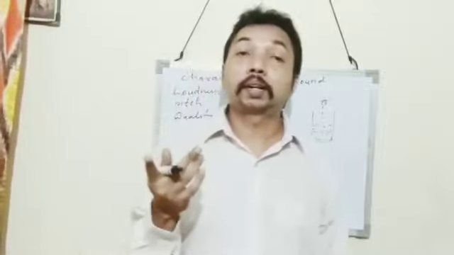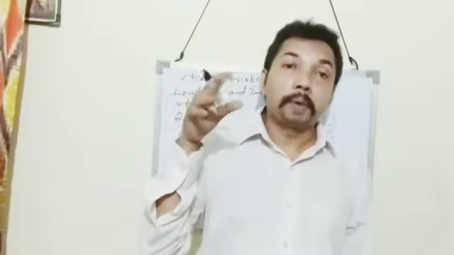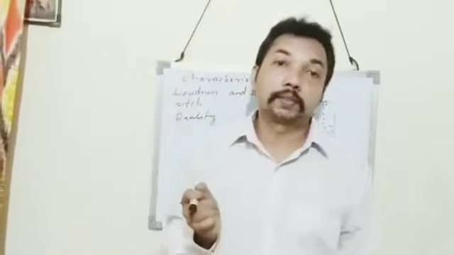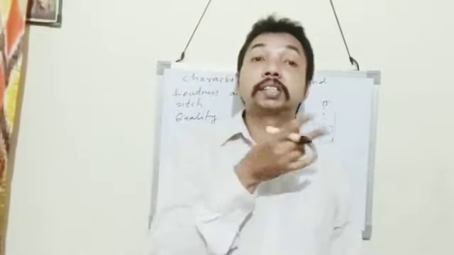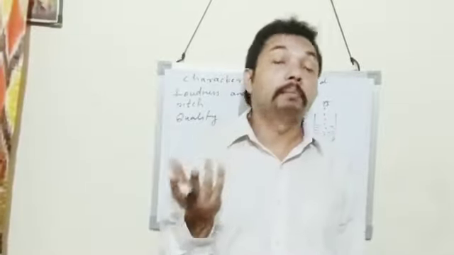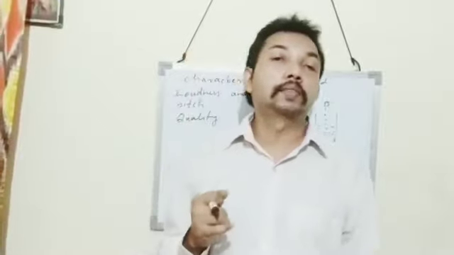When the height of the air column decreases, the frequency of particles of air increases and the pitch or shrillness increases. The pitch or shrillness can be changed by changing the height of the air column. Less is the height of the air column, more is the frequency and more is the shrillness.